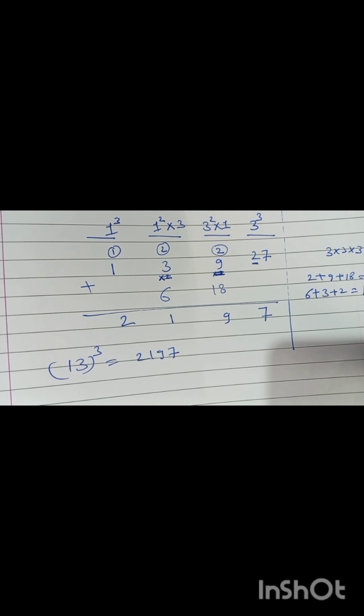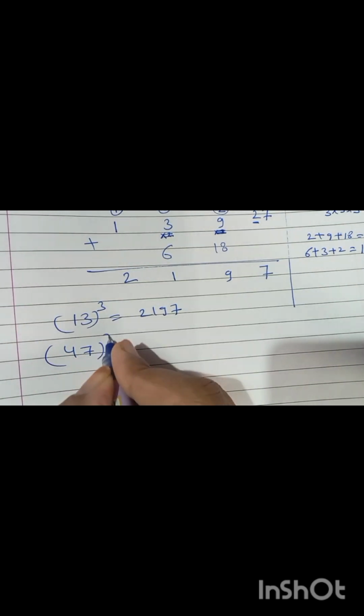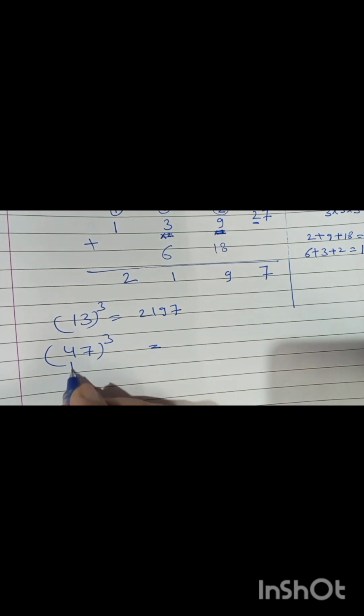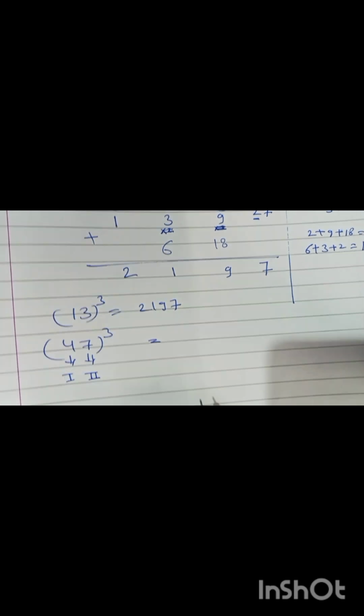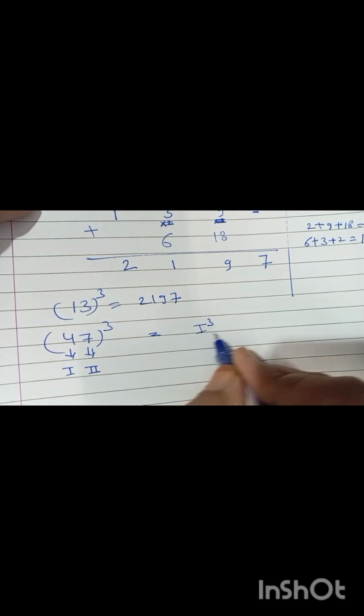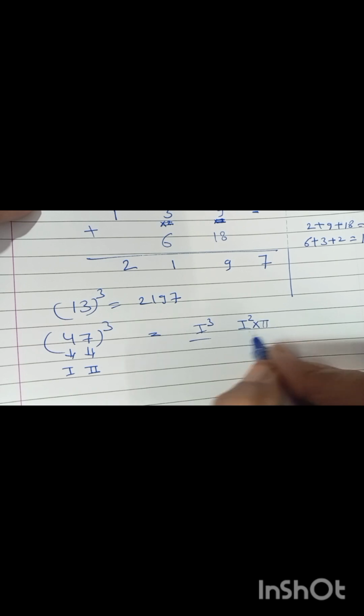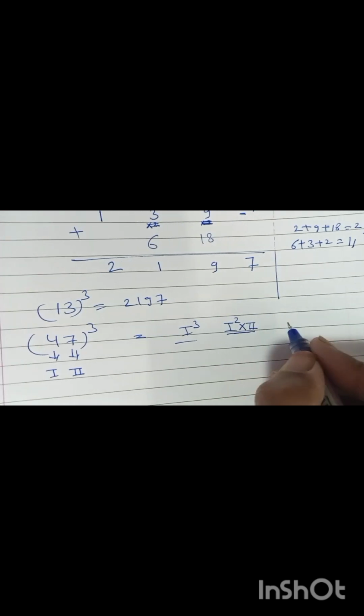Suppose we have to calculate the cube of a larger number. We want to calculate the cube of 47. Then in the same way we will consider 4 as the first number and 7 as the second number. Then we will write the formula. At the first place, the cube of the first number, 4 cube. At the second place, the square of the first number into the second, 4 square into 7. At the third place, the square of the second number into the first, 7 square into 4.